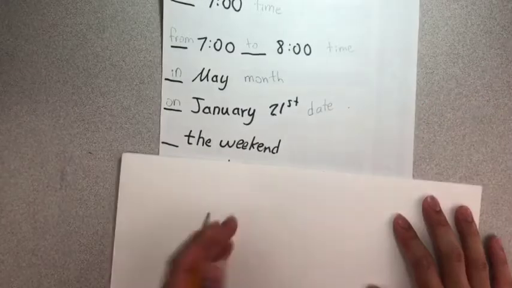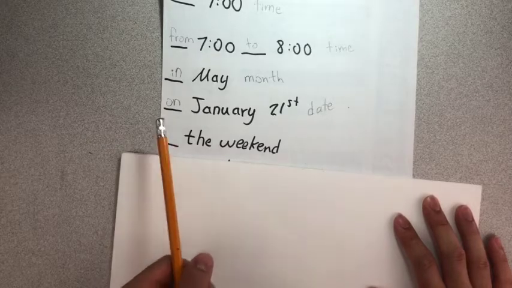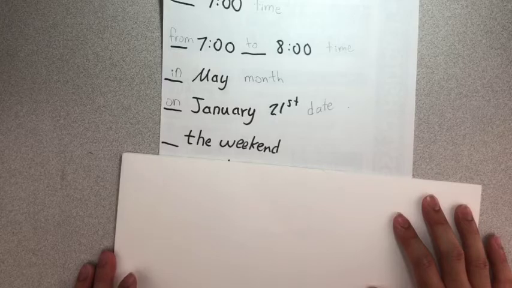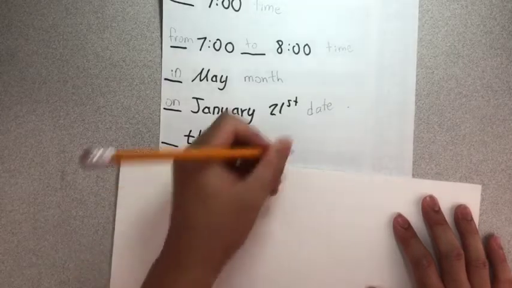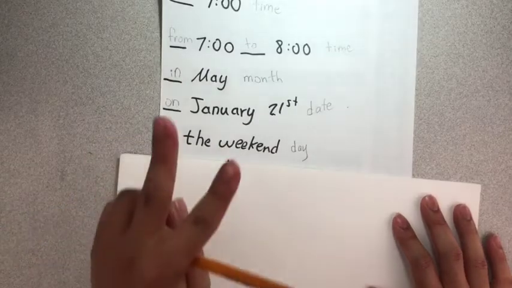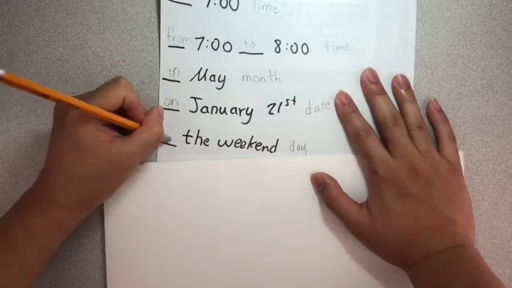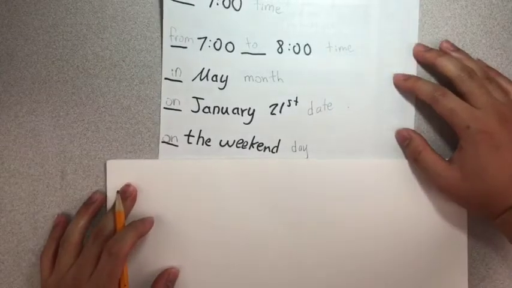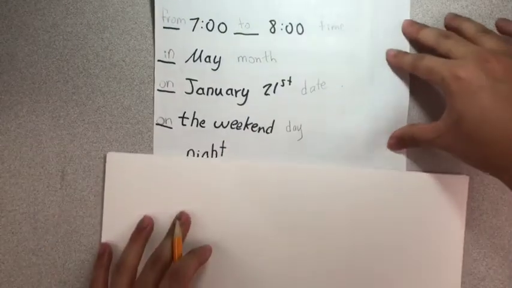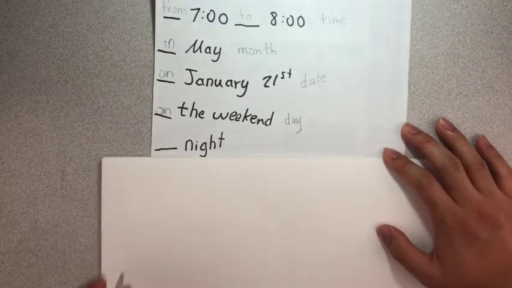The weekend. Do we use at, in, on, or from to the weekend? The weekend is a day or 2 days. So we use on. Night.